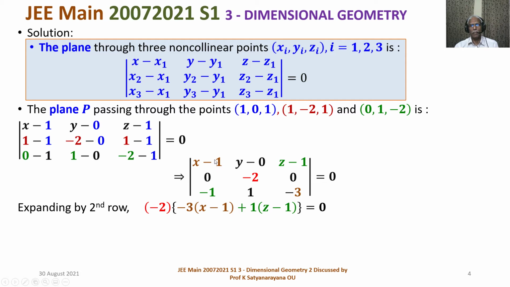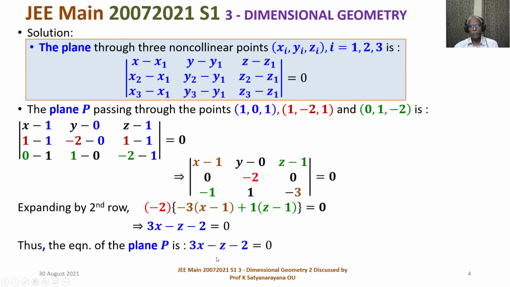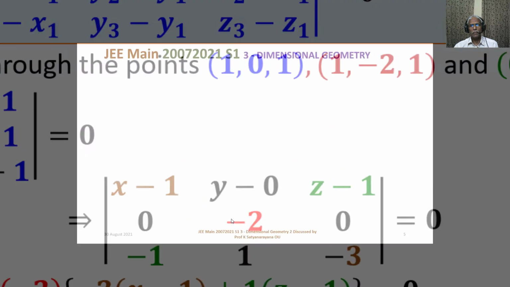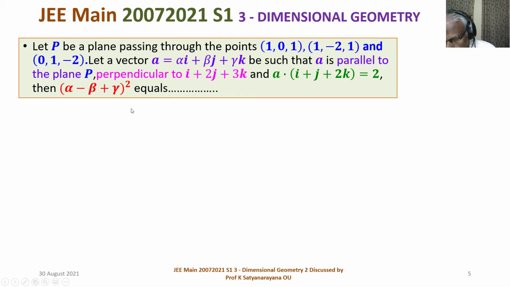The minor is (x minus 1) into minus 3 minus (minus 1) into (z minus 1), that is plus 1 times (z minus 1). Simplify, and you will get the equation 3x minus z equal to 2. Thus the equation of the plane P is 3x minus z minus 2 equal to 0. We continue the discussion in the next slide.